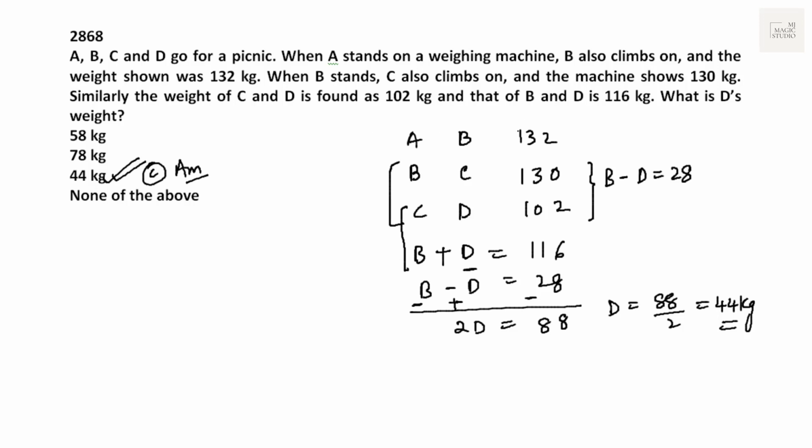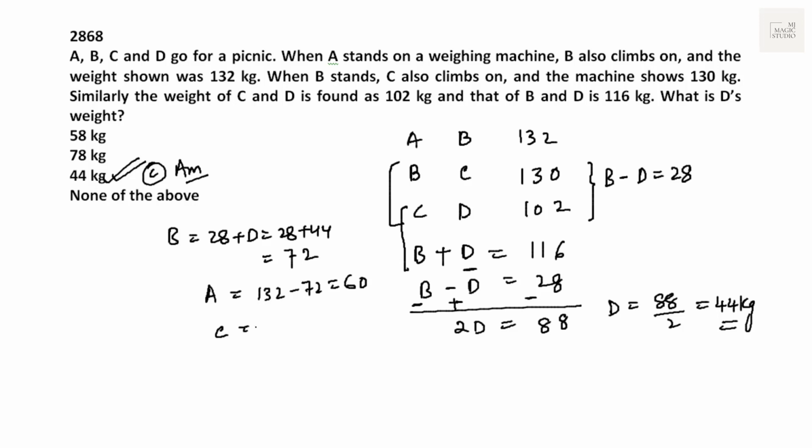And similarly we can calculate the weight of each one of them. So B should be how much? 28 plus D, 28 plus 44, so B is 72. A then is 132 minus 72, that is 60.